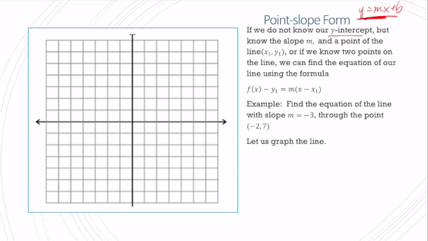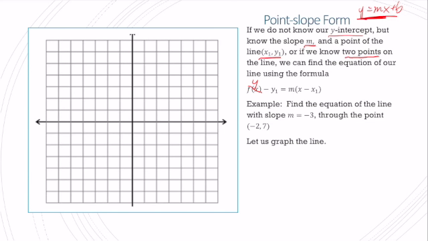But if I do know my slope and a point, or we know 2 points on our line, we can find the equation using this formula, which is point-slope form: y minus y1 equals m times x minus x1.